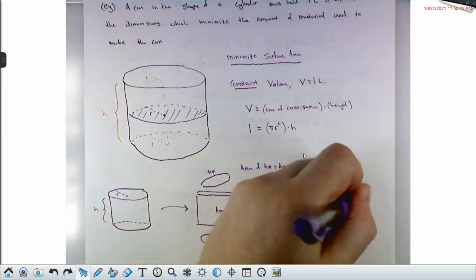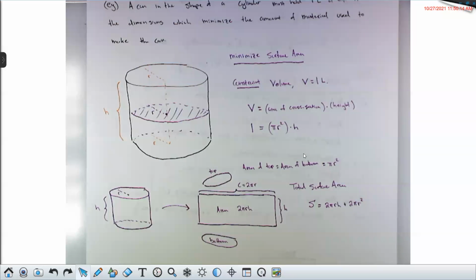That's 2 pi r squared. One liter is 1,000 centimeters cubed, or a cubic decimeter. Okay, good. So it's subtle here, but r and h are being measured in decimeters.